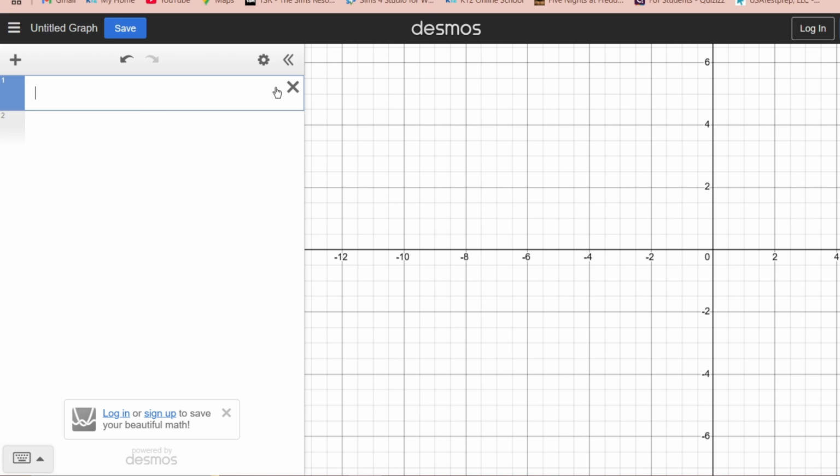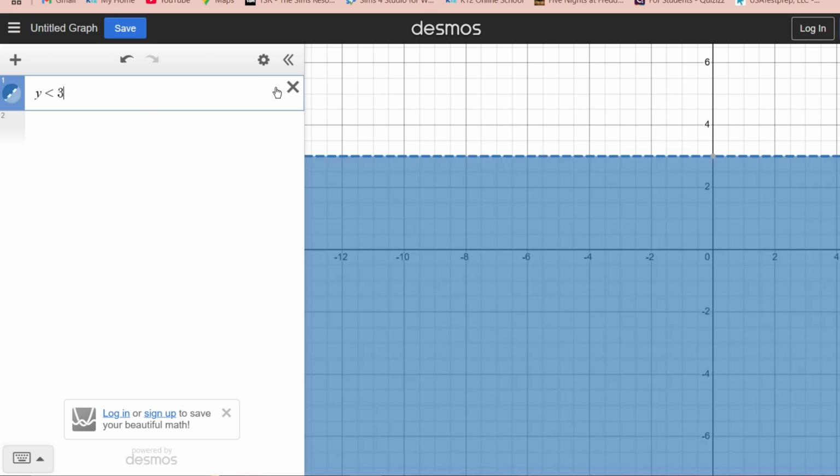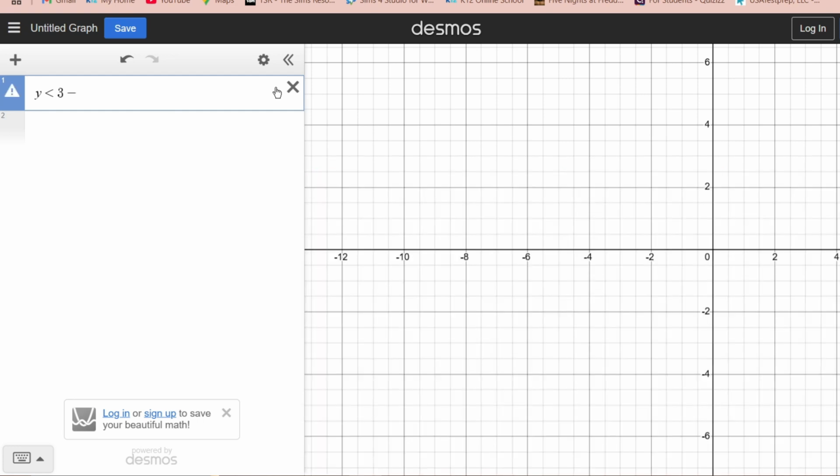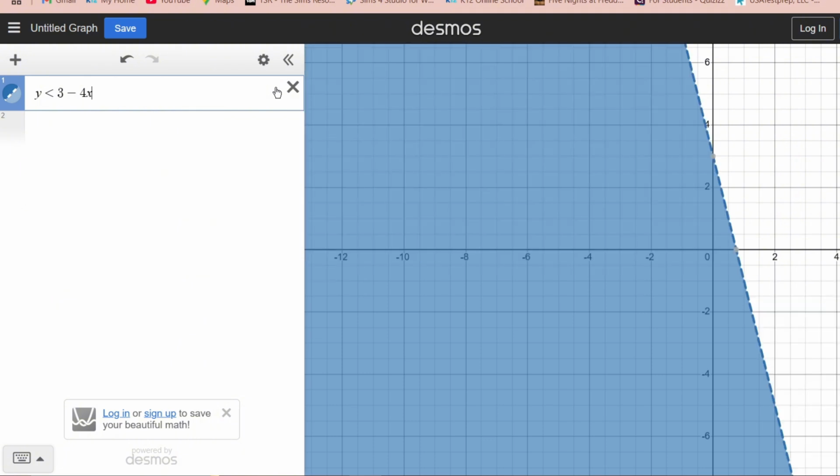So, let me think of a problem I can put in here. Let's do y is less than negative 4x plus 3. And look at that.